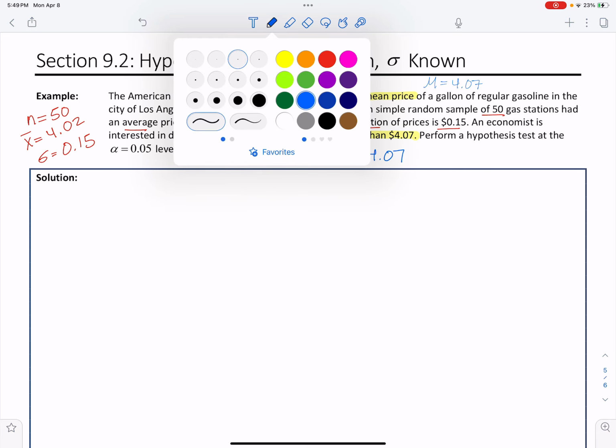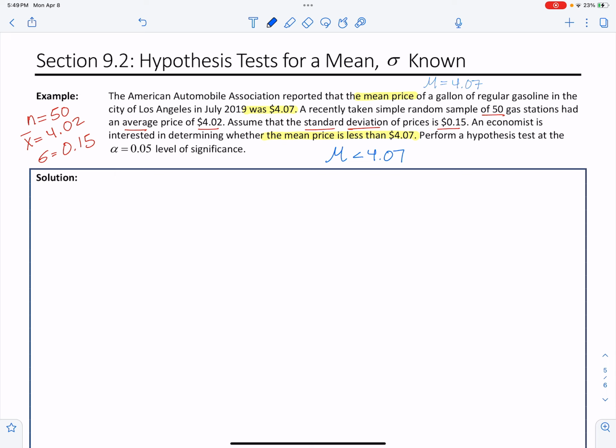So we know that our first step here needs to be identifying the null and the alternate hypothesis. The null hypothesis always contains a statement of equality. So here we're going to put the hypothesis that mu is equal to 4.07.